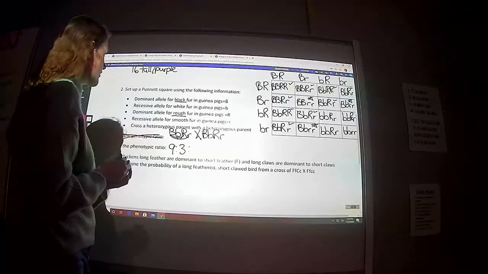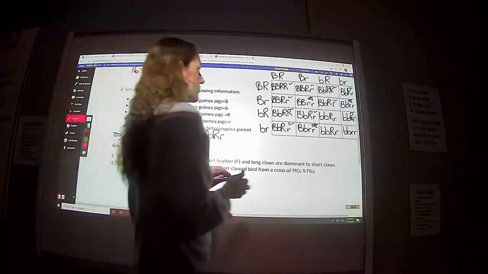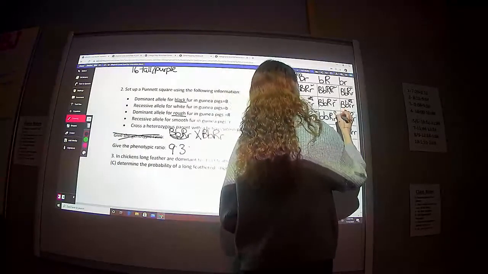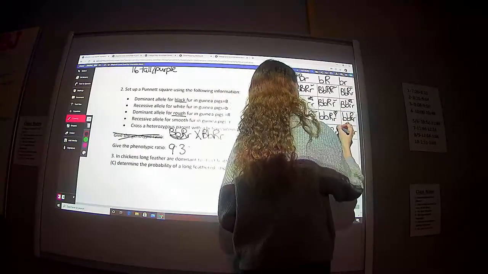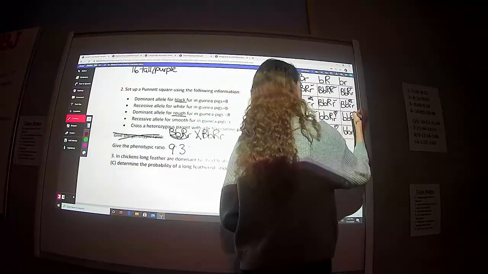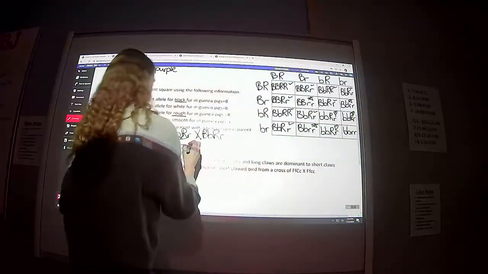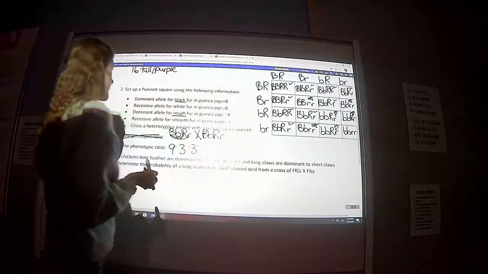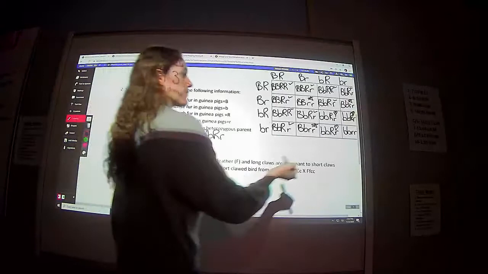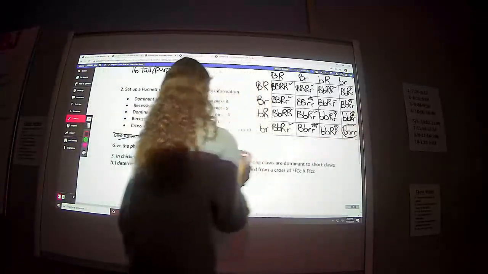Now we're doing white fur that is rough. So here's a white rough, here's white rough, there's white rough. 3, and the last one is white fur, smooth fur. I only have one of those that's all recessive.